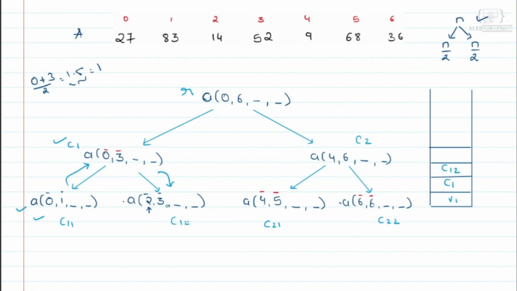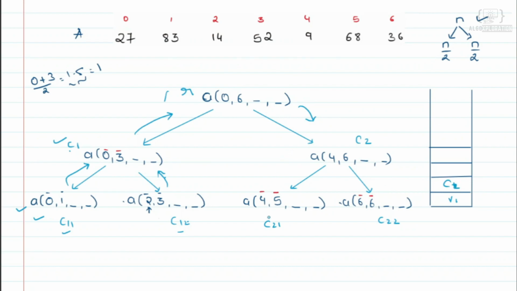Now after that C1 will call its right child, that is C12, and here also, since it is a small problem, it will get executed and return its value to C1, that is parent, and it will get popped. So let's delete C12 also. Now C1 has both the values from C11 and C12, so it will return its value to root, and this also will get popped. Now root has the value from its left child, so it will call C2.